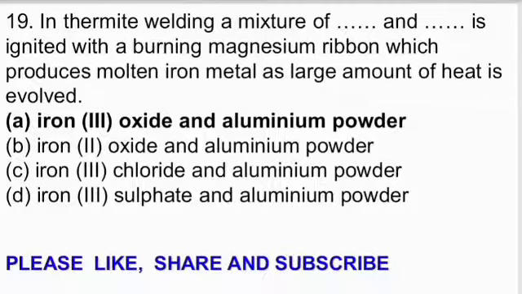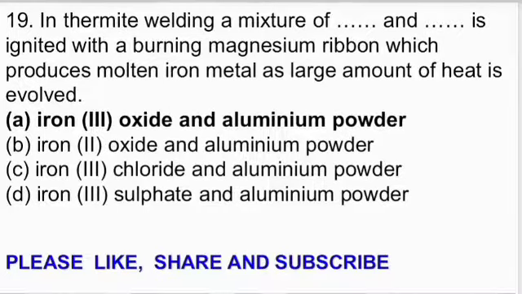Question number 19. In thermite welding, a mixture of dash and dash is ignited with a burning magnesium ribbon, which produces molten iron metal as a large amount of heat is evolved.